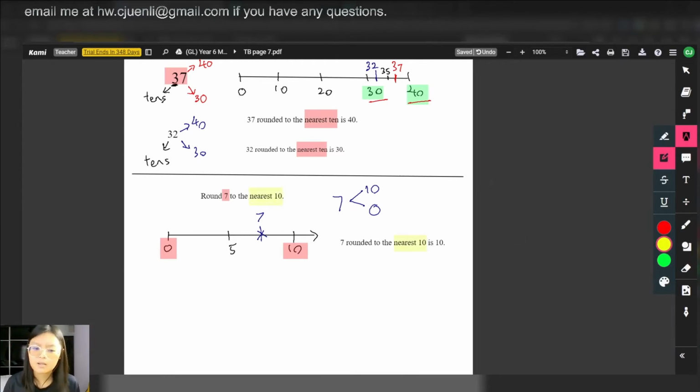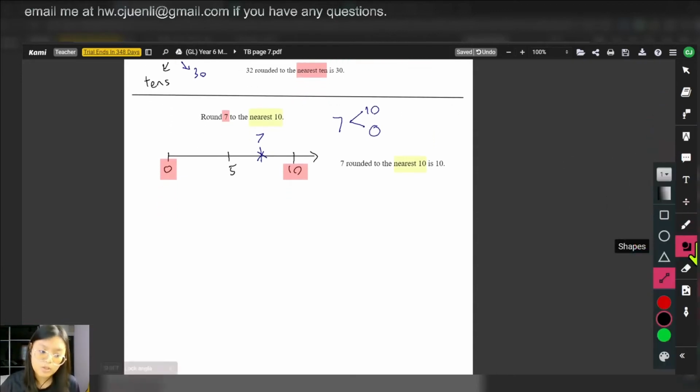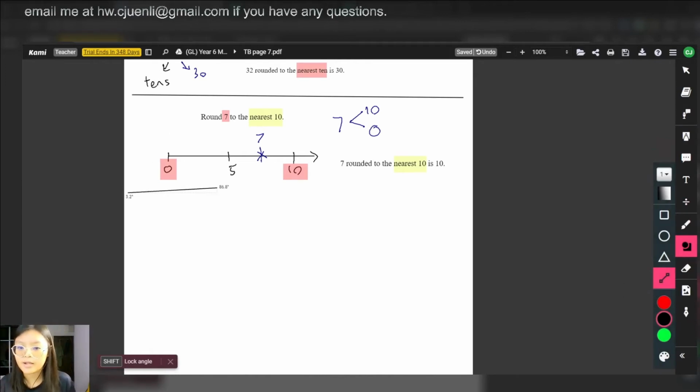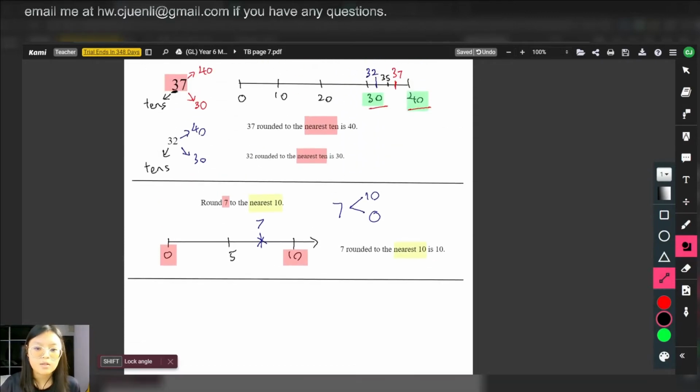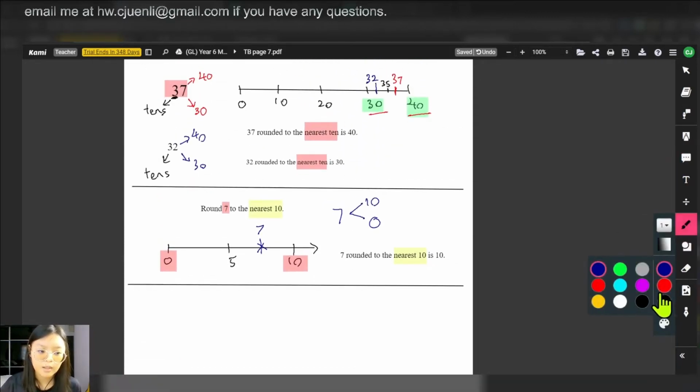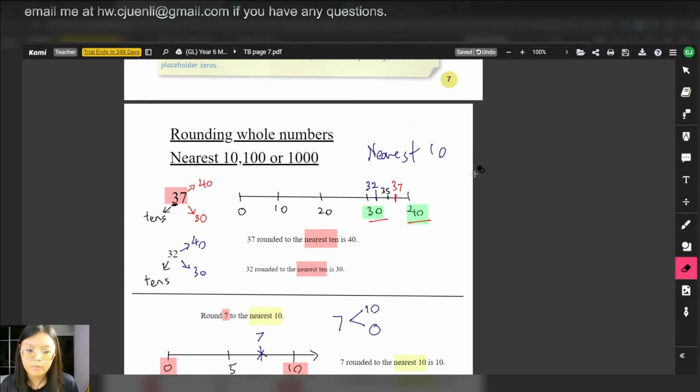Now, basically, nearest 100 is not much of a difference. It is basically the same thing, but I'm still going to show you so you can actually have a look at it. So if you want to write down a note over here, this would be more of the nearest 10. Right? Nearest 10 will be for this one.